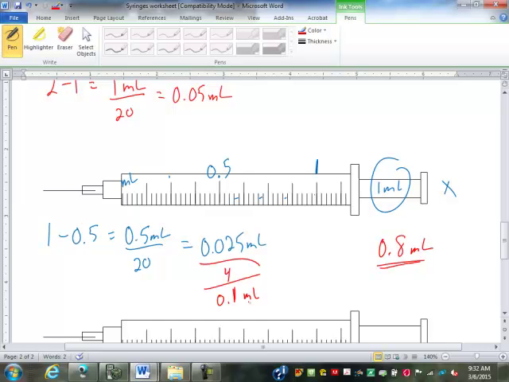It would be easier to count down by. So if this is 1 milliliter here, I go 1, 2, 3, 4. That's going to be 0.9. That's 0.1 milliliters. 1, 2, 3, 4. There is my 0.8. Make sense? That's kind of a poor scale on that one.